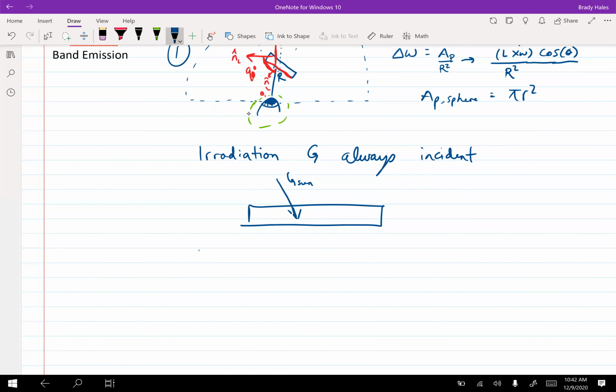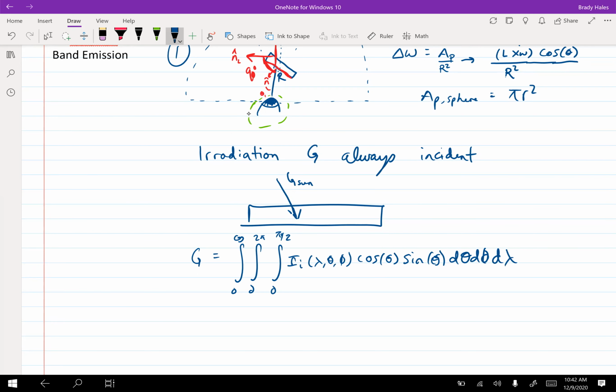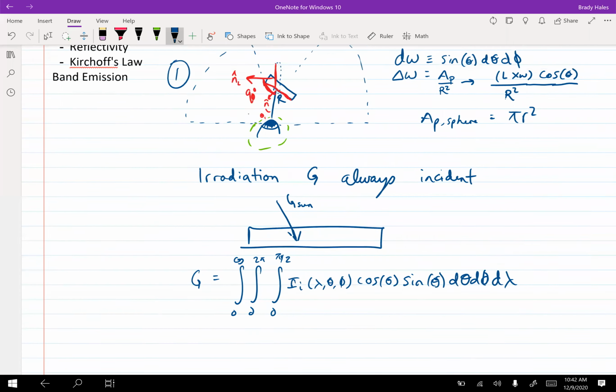Then they define G as the integral from 0 to infinity, 0 to 2 pi, 0 to pi halves of I incident, lambda, theta, phi, cosine theta, sine theta, d theta d phi d lambda.